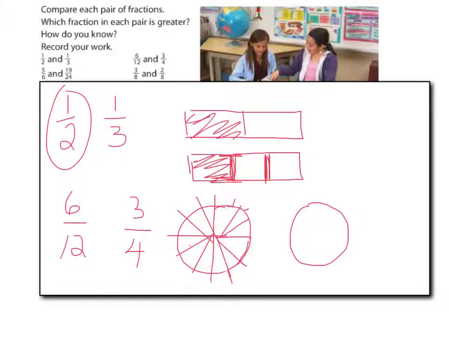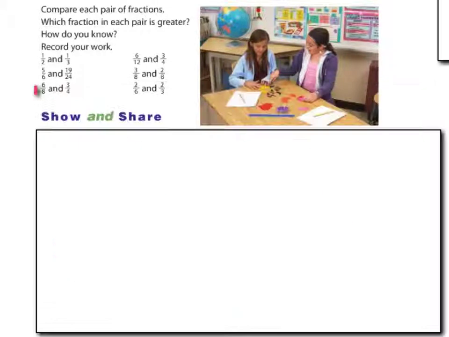So I wouldn't always recommend this strategy of using the circles, because as you see, it can be really hard to create. 6 pieces colored in, and I didn't color them all in completely because I want you to see that there's 6 pieces there, and then the next one has to be in fourths, and 3/4 are colored in, and again I want you to be able to see the pieces there, but we can see that more is colored in of the 3/4. So 3/4 is the larger fraction.